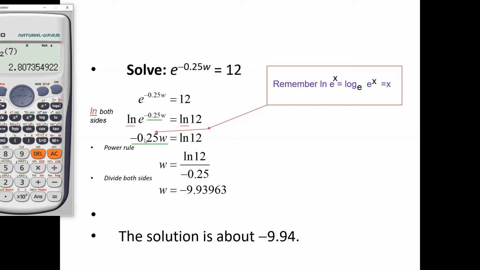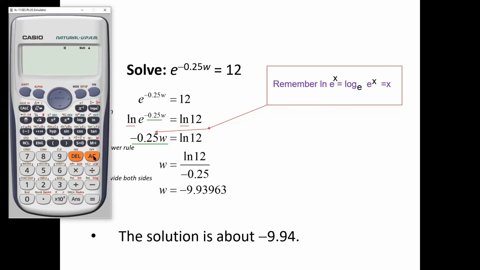So the 1 times the negative 0.25w just leaves the negative 0.25w. Okay, and then the natural log 12 stays over here like this. We want to get w by itself, so we're going to take this and divide both sides by negative 0.25. Here we go.